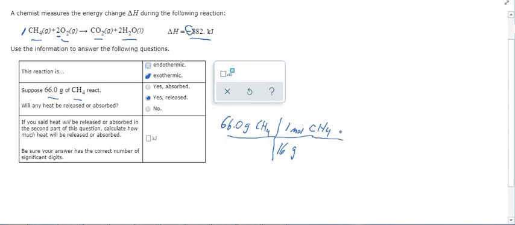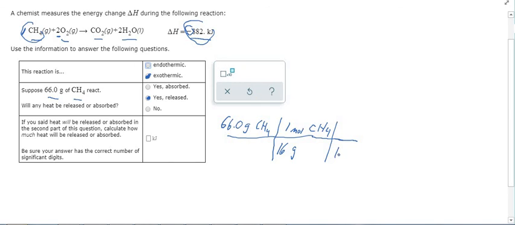And I have to look at my stoichiometry and that enthalpy. And so I know that for every 1 mole of methane, I'm going to generate 882 kilojoules worth of heat.